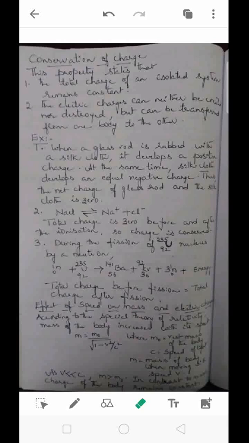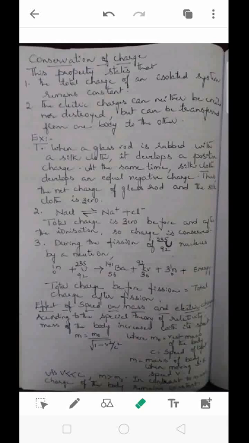Similarly, one more example we can take is the fission of uranium. In the fission of uranium, when a slow moving neutron is bombarded on a uranium nucleus, it splits into 2 moderate nuclei like barium and krypton, and 3 fast moving neutrons along with a large amount of energy are released. When you see the total atomic number on the left hand side and also on the right hand side, it is equal to 92.